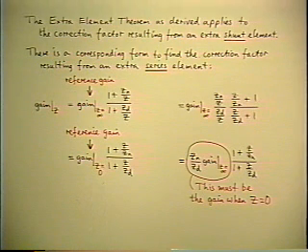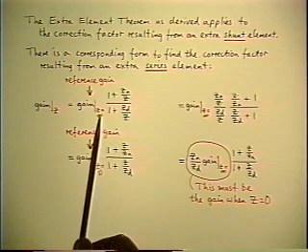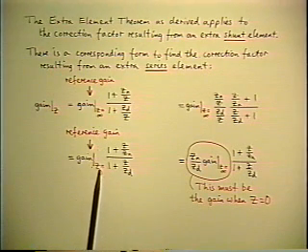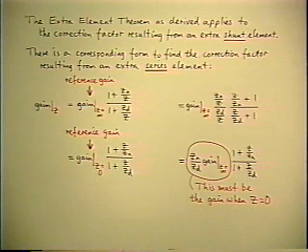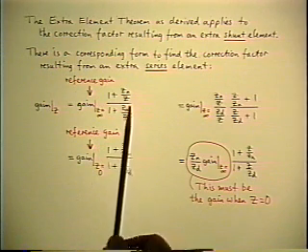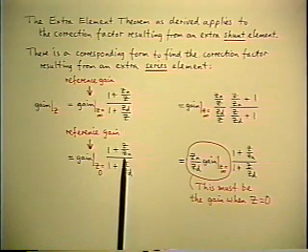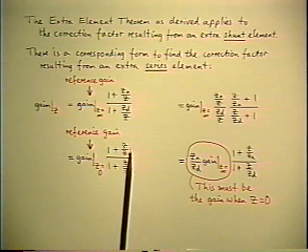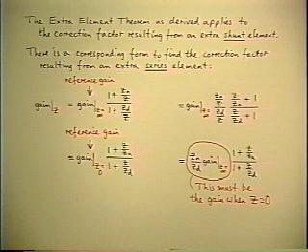So you have your choice. If you want to add an element in parallel, you use the first version. If you want to add an element in series, you use the second version. And the correction factor is almost the same. The only difference is that these ratios are upside down. Same Zn and Zd.